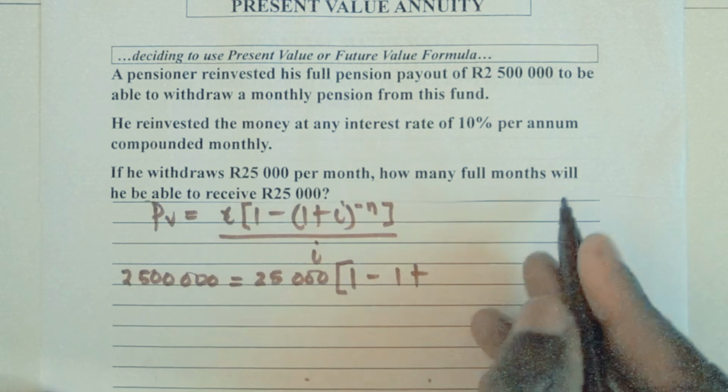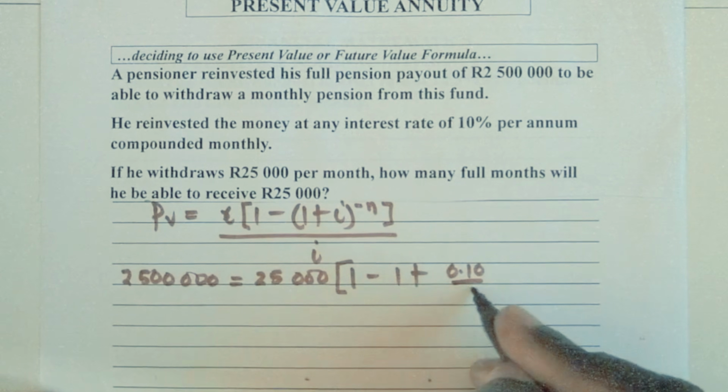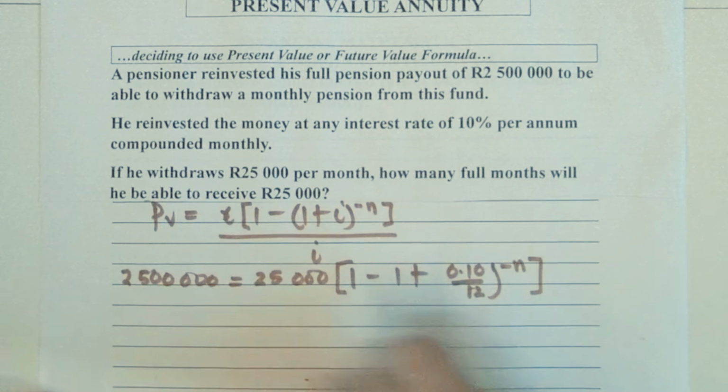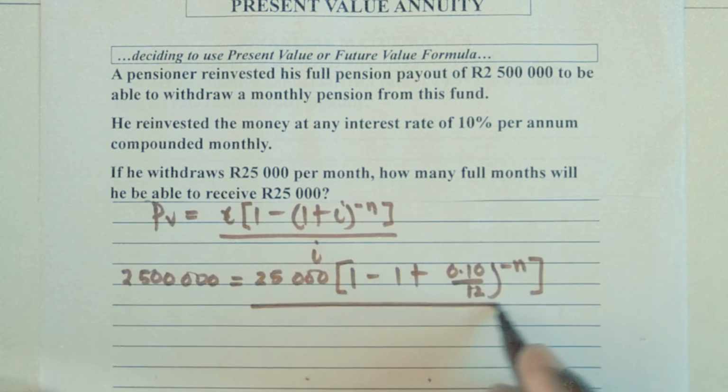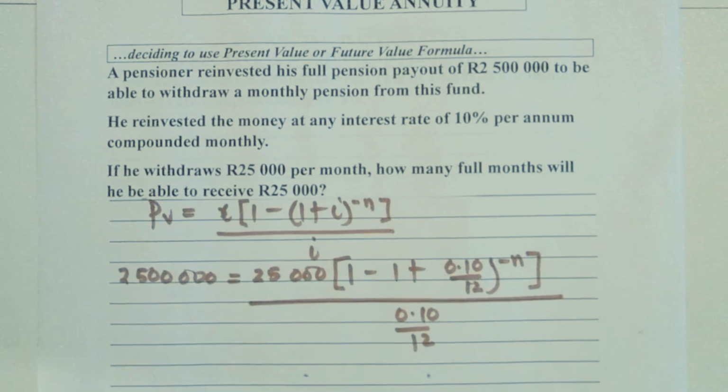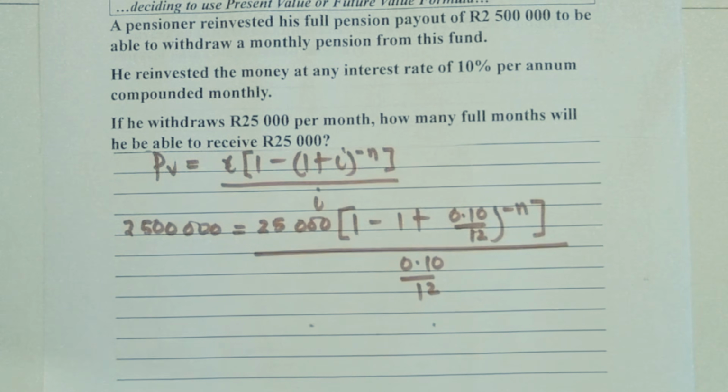The interest rate I'm told is 10% compounded monthly. And please do not forget to divide by the interest which is compounded monthly. And in this question, I need to isolate the variable n.